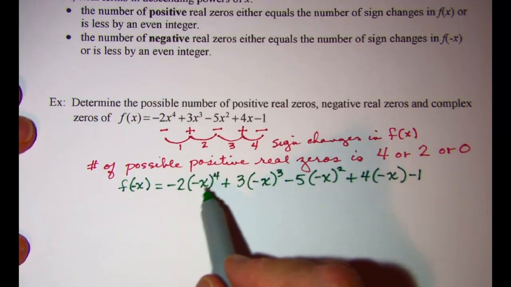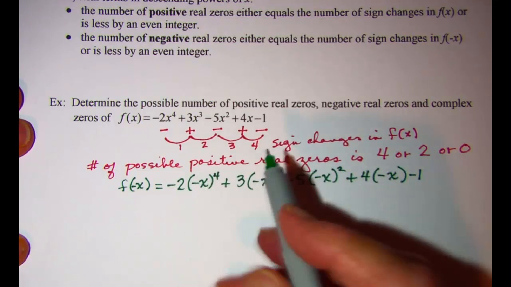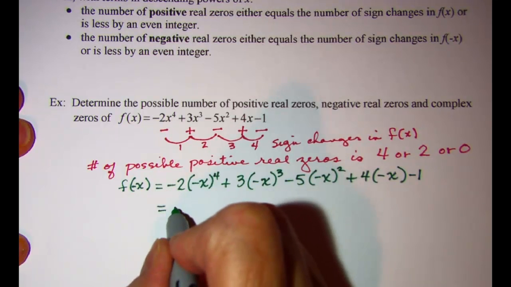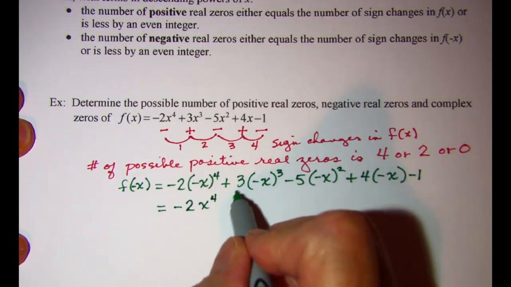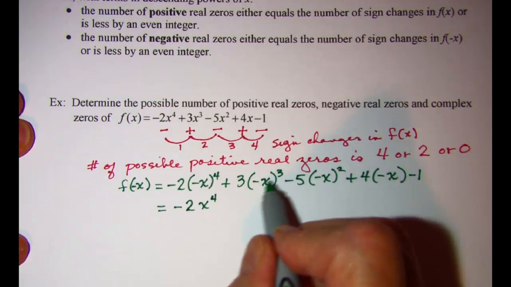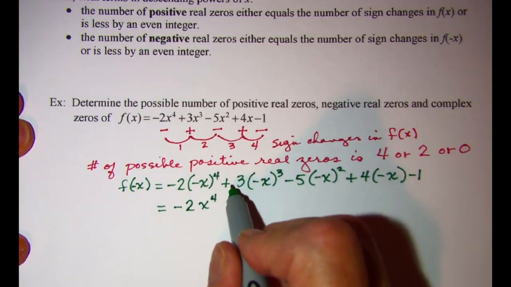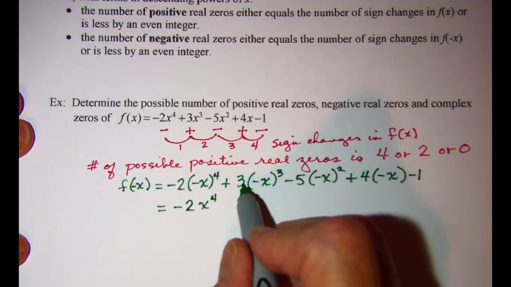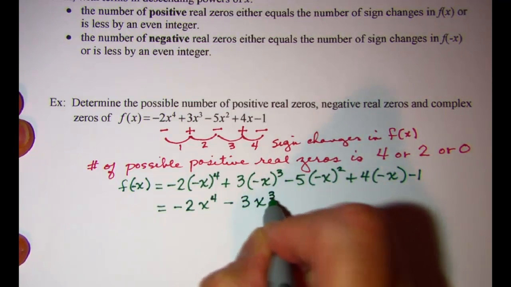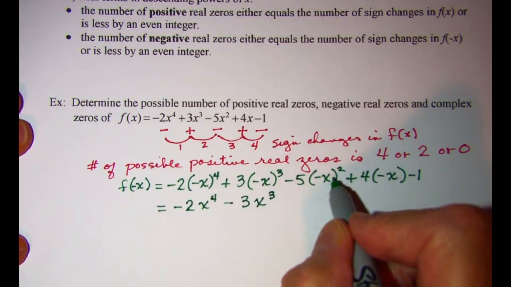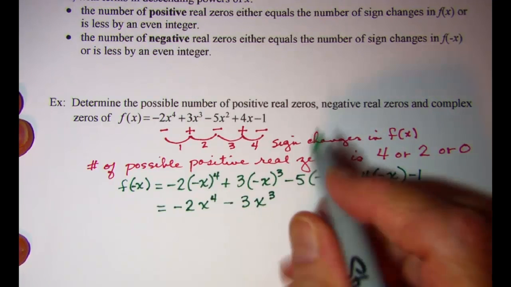Now, when we raise a negative number to an even power, there's no effect on the sign of the term. So this will be just a negative 2x to the fourth. When we raise a negative x to the third power, though, when it's an odd power, that changes the sign of the term. So instead of a positive 3x cubed now, I'm going to have a negative 3x cubed. On this one, I'm raising my negative x to an even power, so there's no change in the sign of my term.